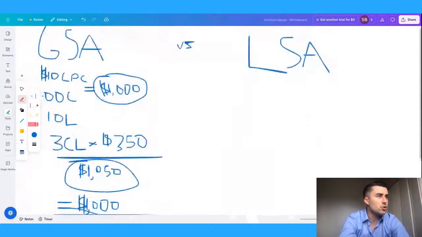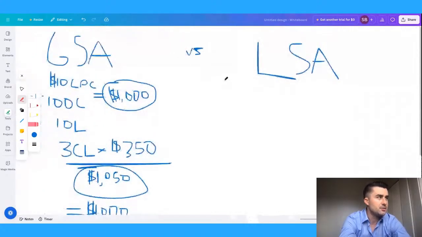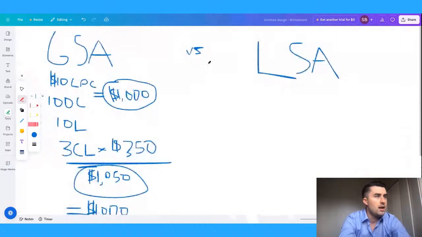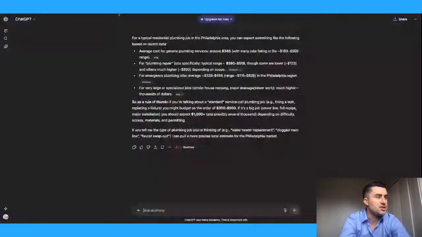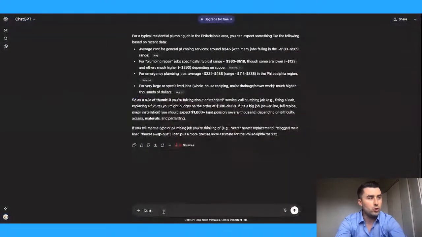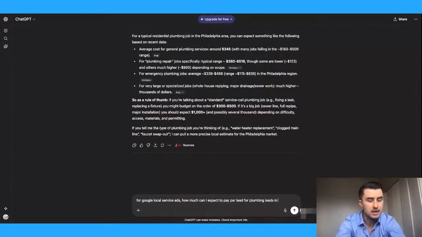Whereas if I go to Google local service ads, right? And let's just say I do the same math. So for Google local service ads, how much can I expect to pay per lead for plumbing leads in Philly?